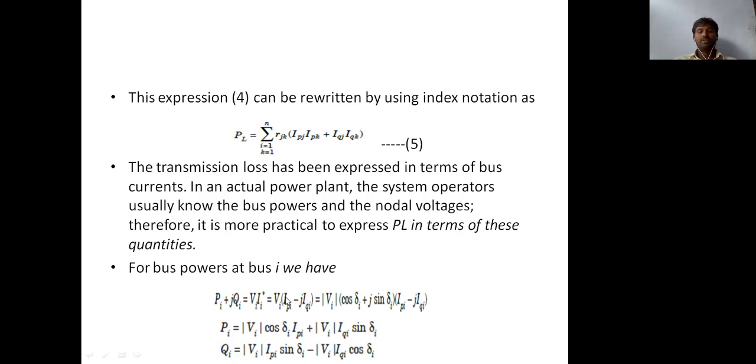So Vi in this equation can be written in polar or rectangular form, as Vi cos delta i plus j sin delta i, into Ip minus j Iq.